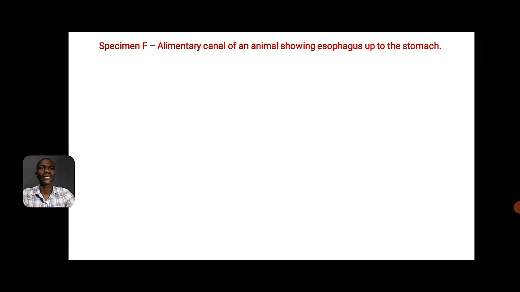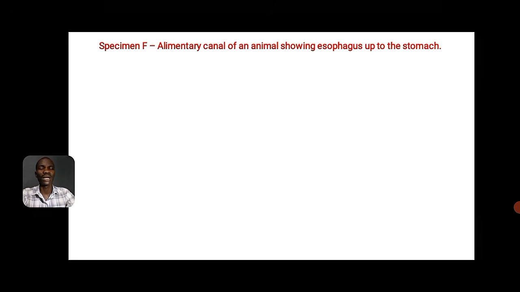So we have specimen F, which is the alimentary canal of an animal showing the esophagus up to the stomach. Do not be deceived. This specimen is not a complete digestive tract. It starts from the esophagus and terminates at the stomach.